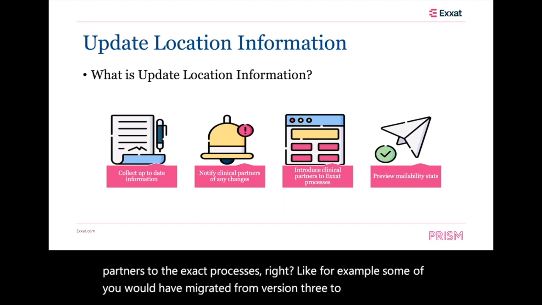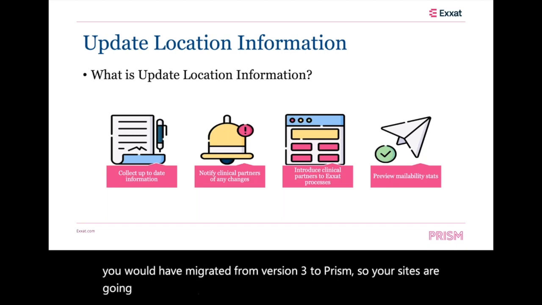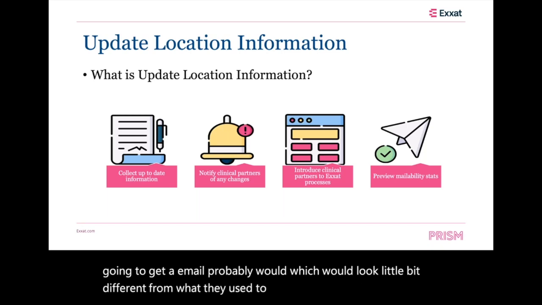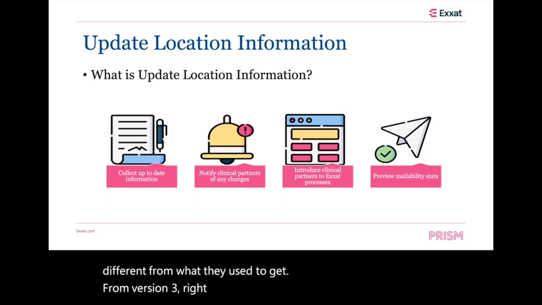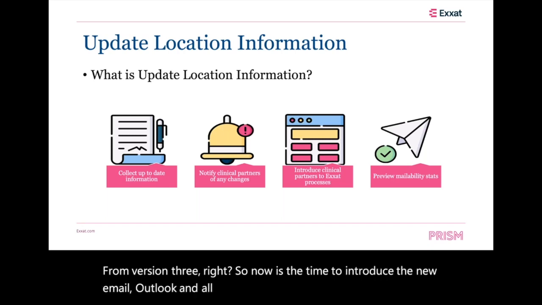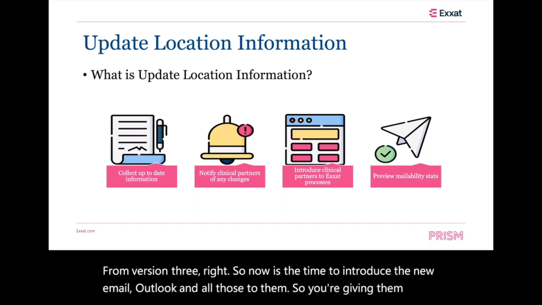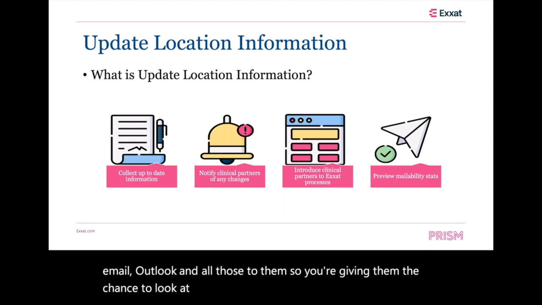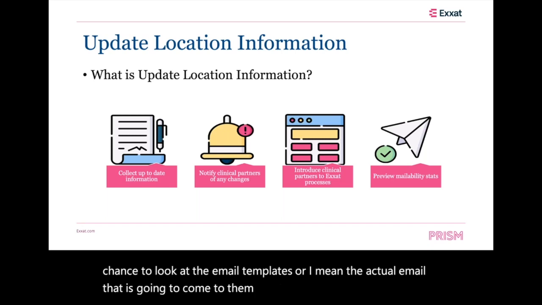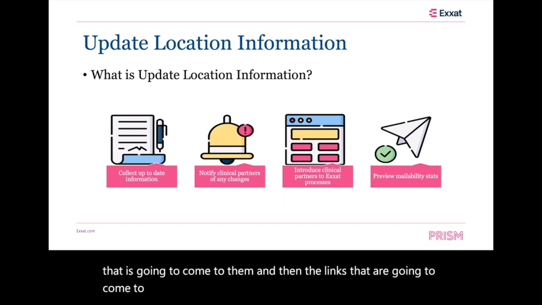Your sites are going to get an email that looks a little different from what they used to get from version 3. So now is the time to introduce the new email look to them, giving them the chance to see the actual email that is going to come to them, and the links that are going to come to them.